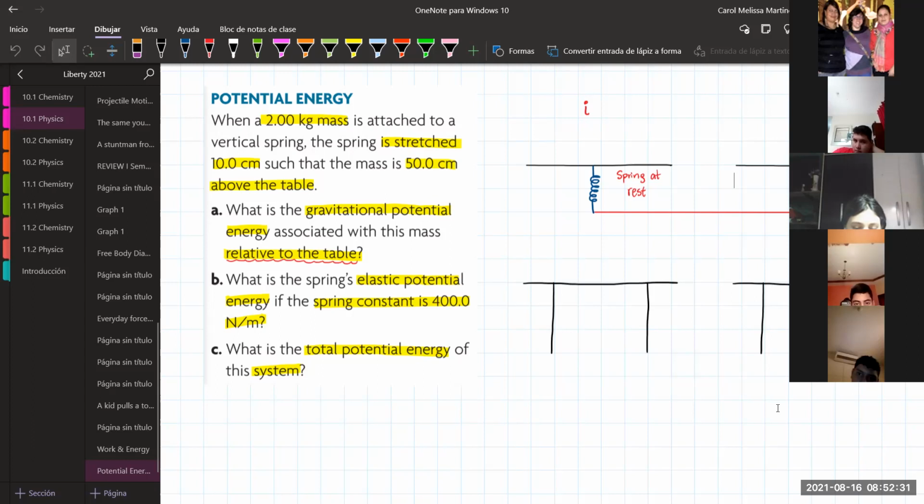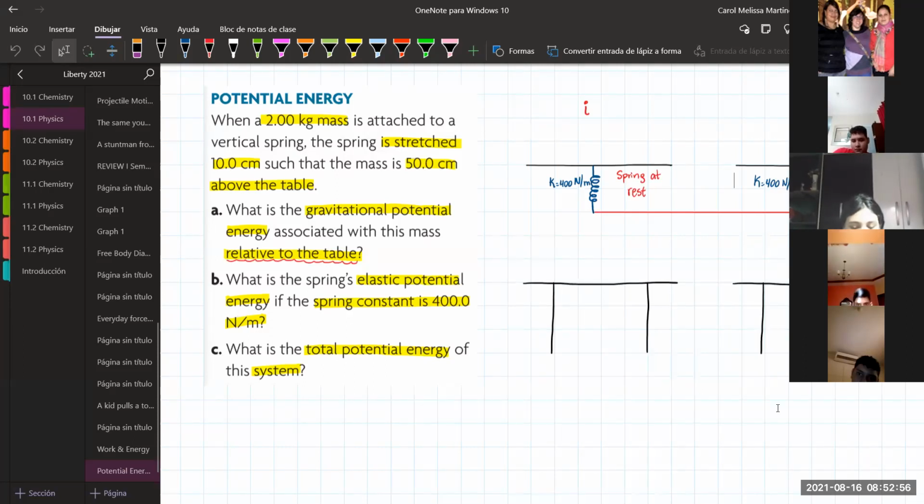You can also say that the spring has a constant of 400 Newton over meter, but it's not necessary that you include it in the sketch. But you can put it if you want. Now take a look at the units where the constant is given.